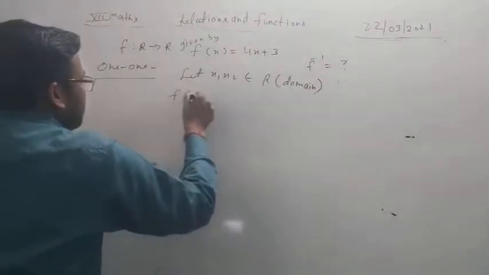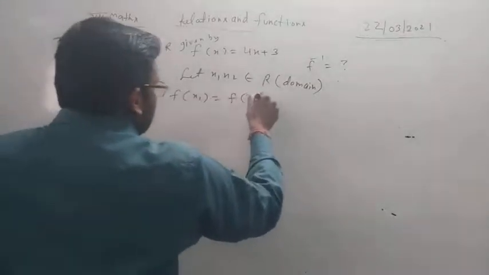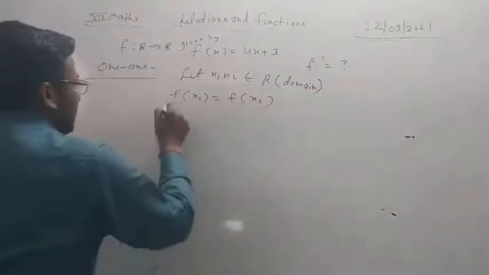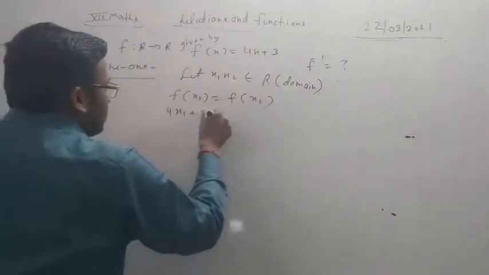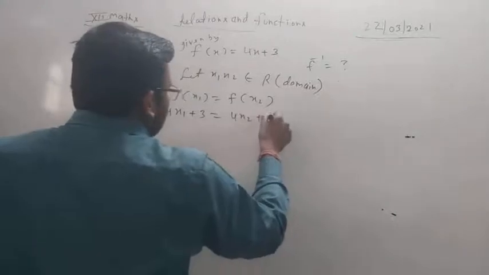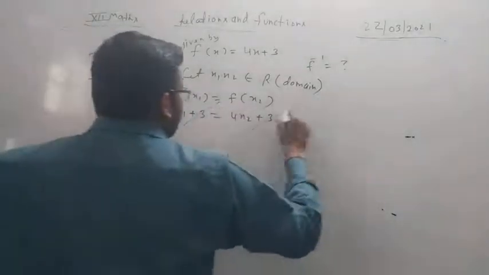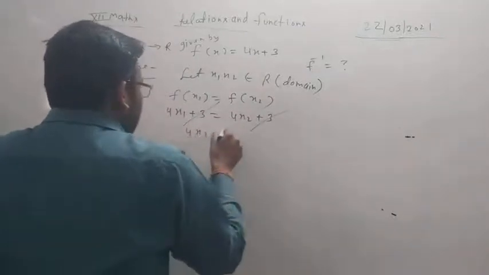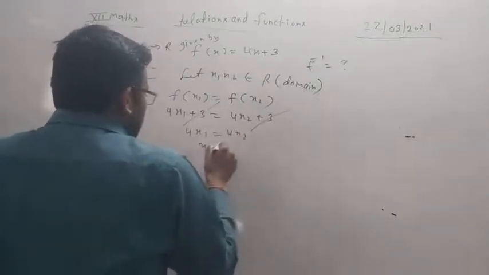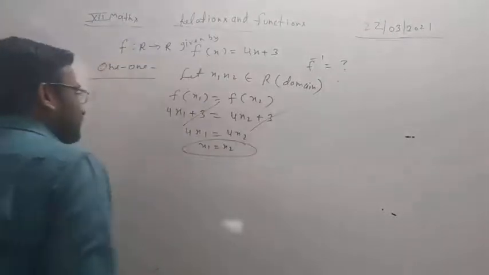We write f(x1) = f(x2), and this is 4x1 + 3 = 4x2 + 3. So this 3 is cancelled, 4x1 = 4x2, x1 = x2.